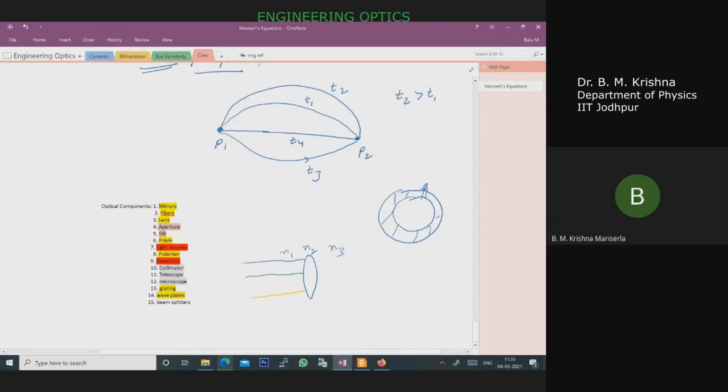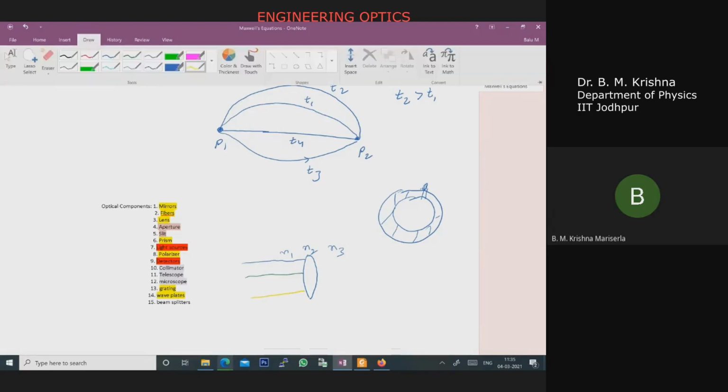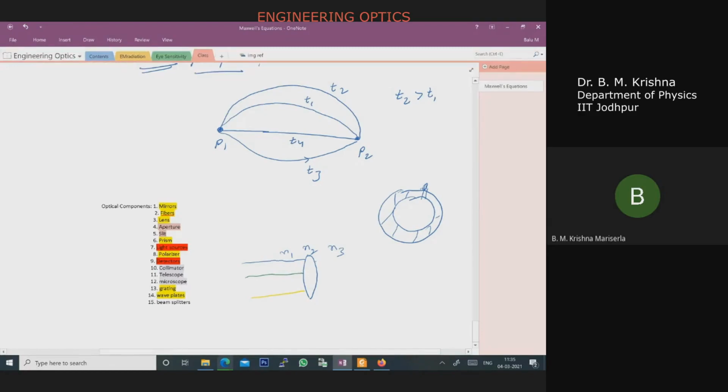Now, when they focus, for example, this is the focus for the blue light.